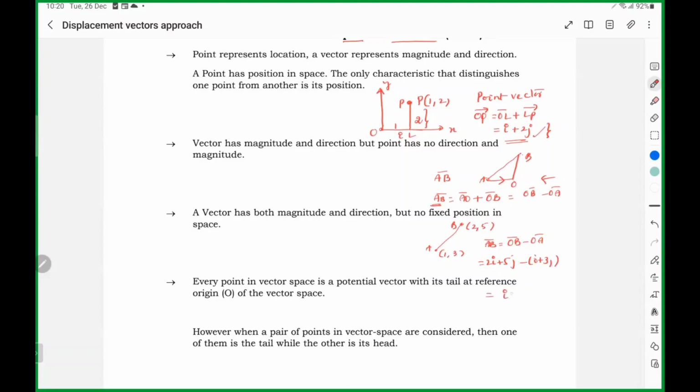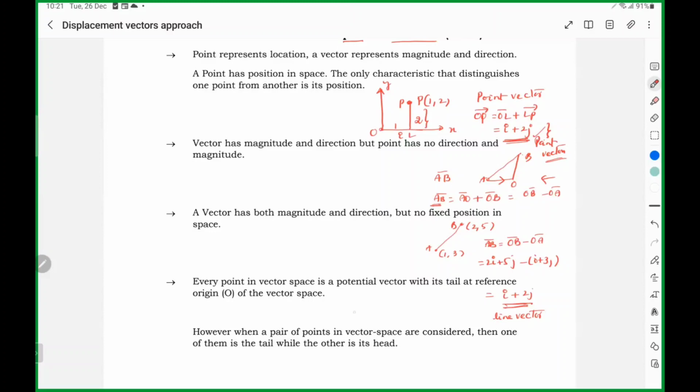Here also it is i plus 2j. If you observe carefully, both are i plus 2j. But this is a line vector here, and that is a point vector. So by seeing the vector, we are not in a position to decide whether it is a point vector or a line vector. Generally, by default, vector means you have to say line vector.